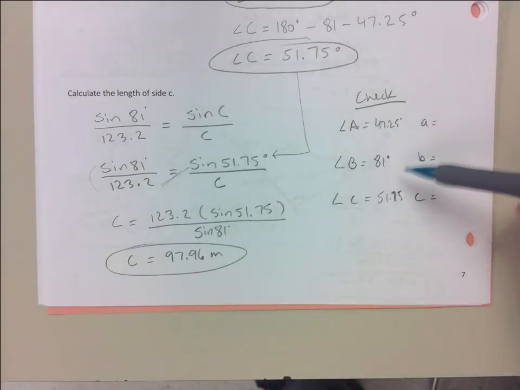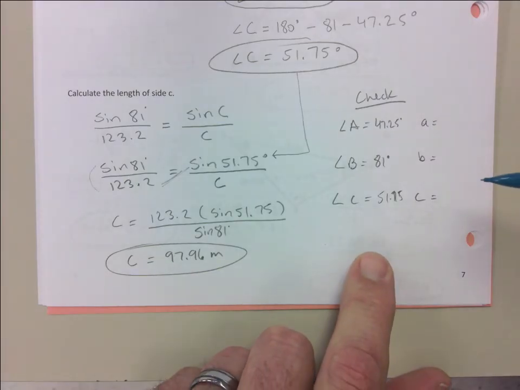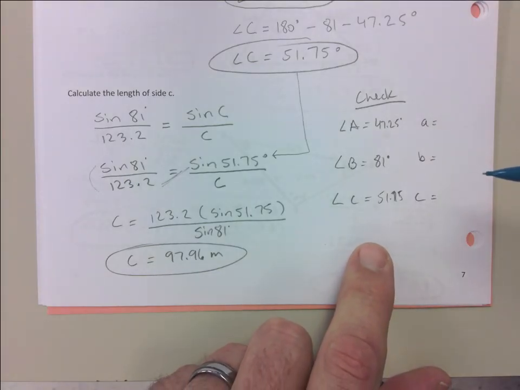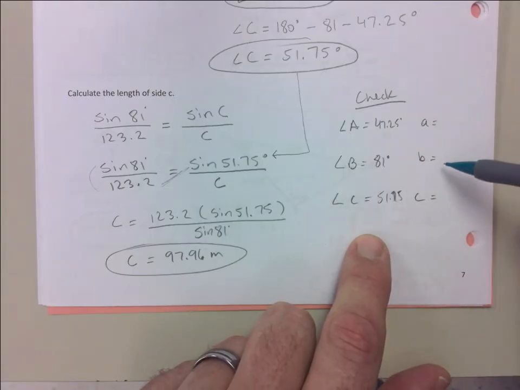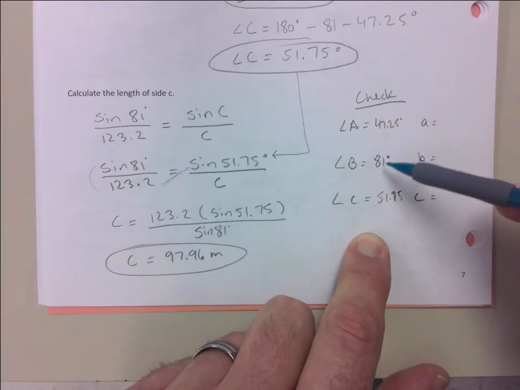Which one of these three should have the longest side across from it? Angle A, B, or C? Angle B, right? Okay. Side B will be the longest side because it's the largest angle.